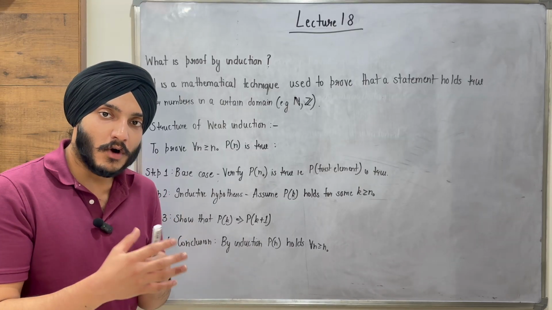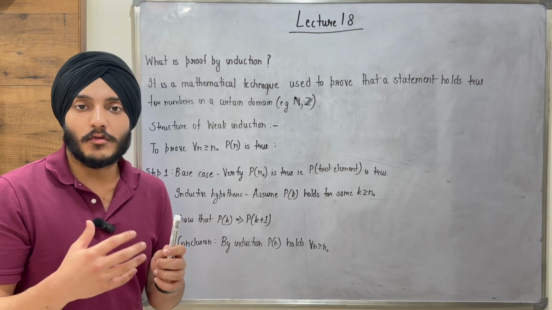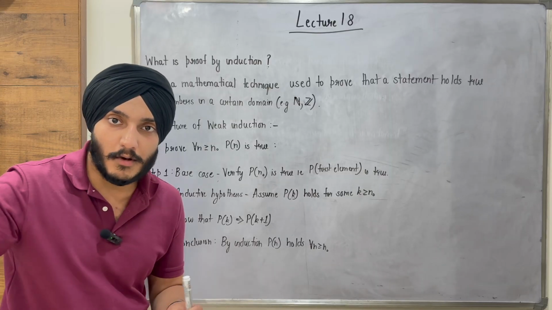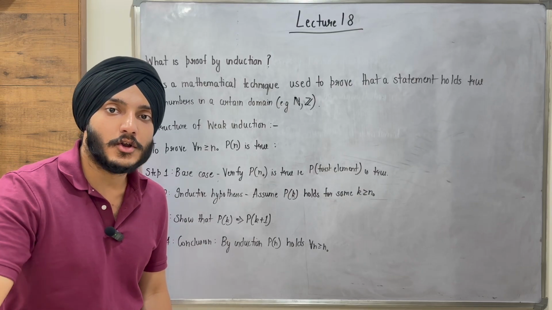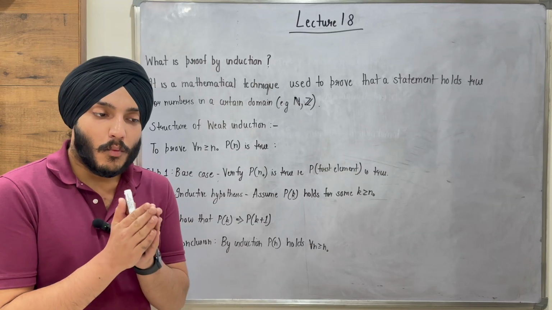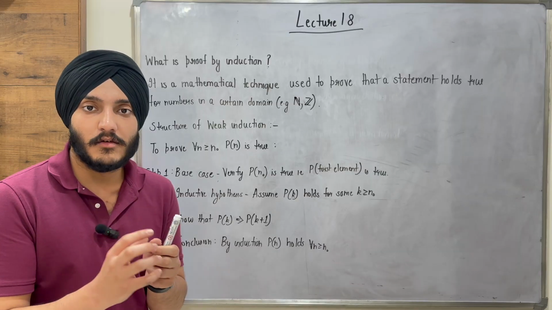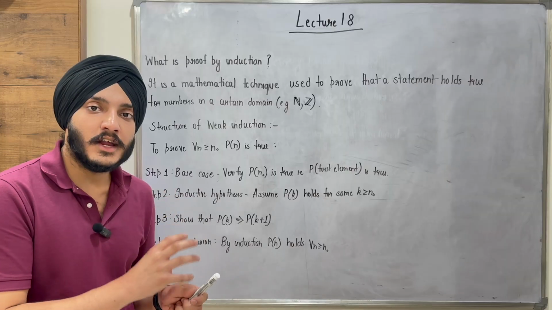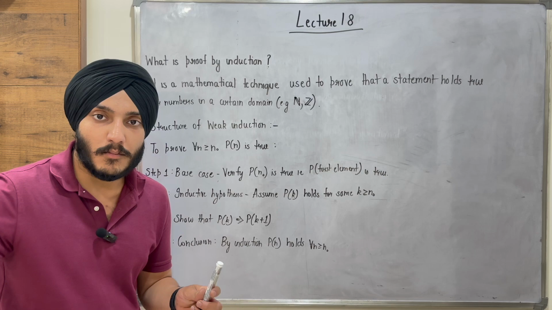And the way this proof works is that we kind of create a domino effect. If you understand what a domino effect is, if I have a big bunch of dominoes, right, and I drop the first one, then it will create a flow and all the dominoes will keep dropping down, right? So in very simple summary, what we do is we prove something for a single number and then we prove it for the next one, and this creates a logical flow, which means we don't have to prove it for all the different numbers in a certain set.